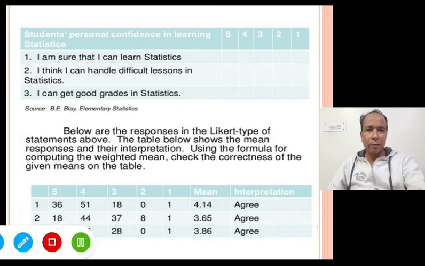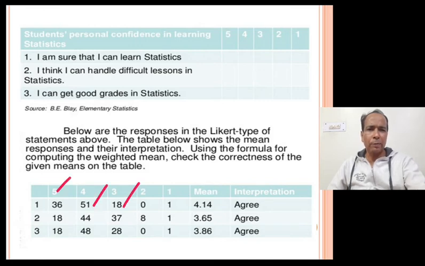You got 36 responses for 5, 51 responses for 4, 18 responses for 3, 0 responses for the second choice, and 1 response for the first choice. And then you calculated the arithmetic mean. That comes to be 4.14.